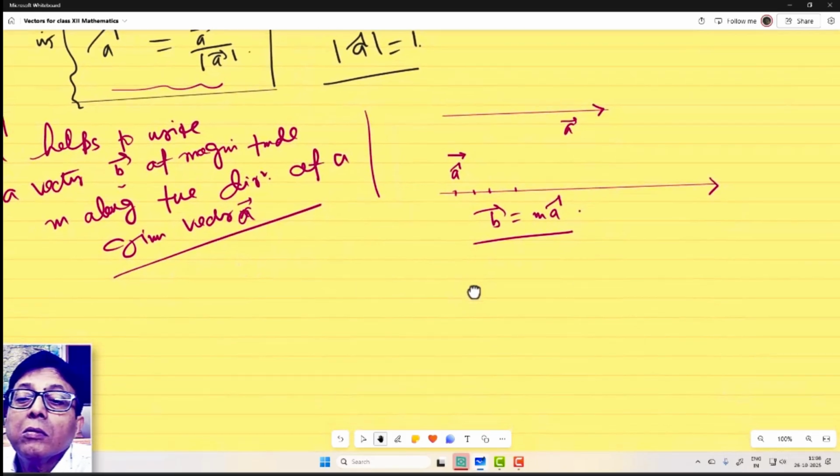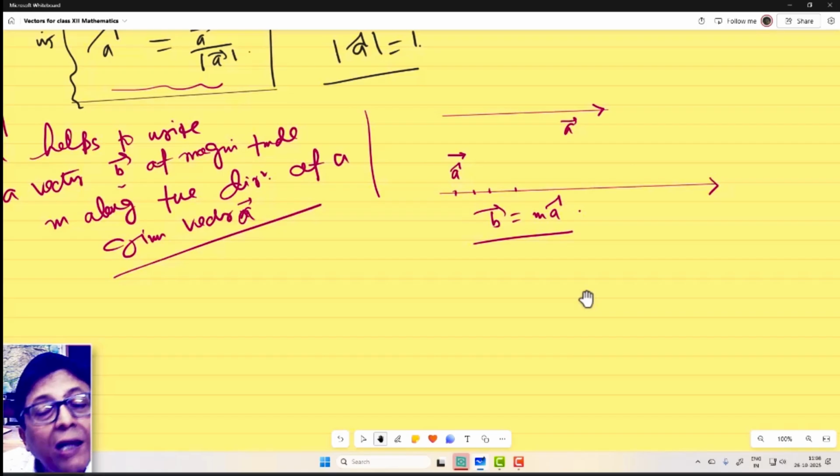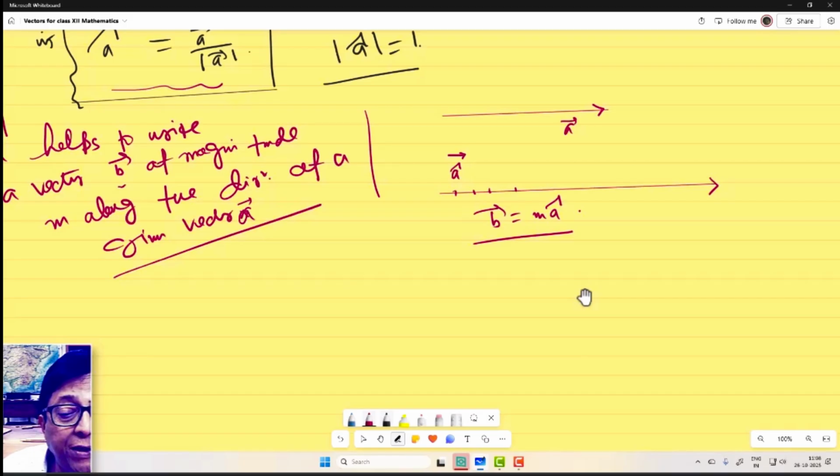Now, this concept of unit vector and the triangle law will help you to represent a vector in 2D. Okay? So how to represent a vector in 2D?